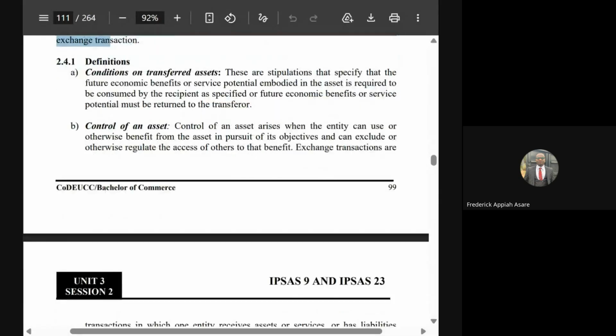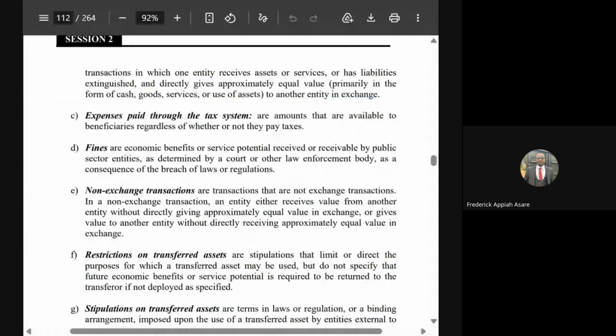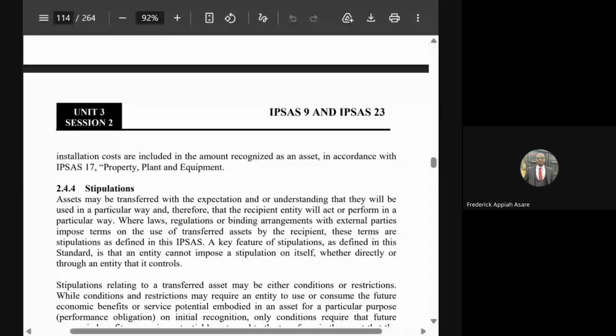We have control of an asset. We have expenses paid through the tax system. Then we have fines, non-exchange. All these fall under the non-exchange transaction.